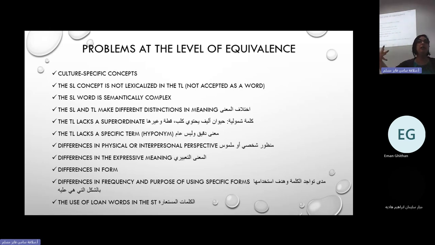A connotative meaning is everything that is related to the word, not only the dictionary meaning. Differences in form, the form of the word. Differences in frequency and purpose of use of this word in the source text. These are all differences at the level of equivalence. Okay.